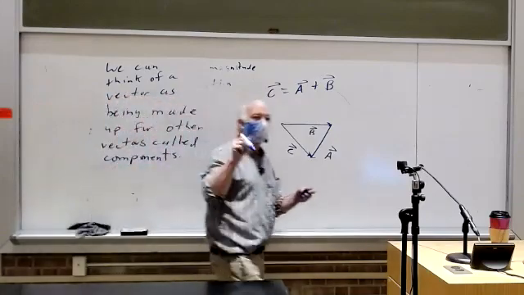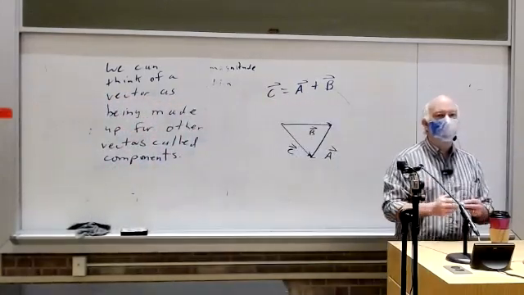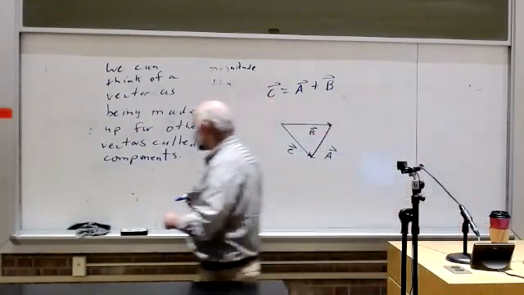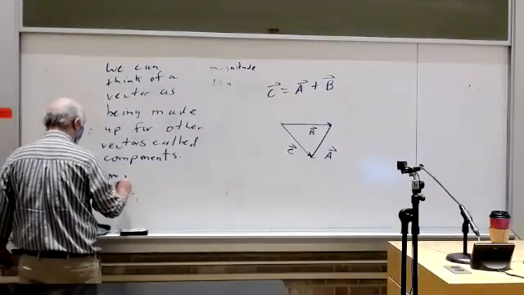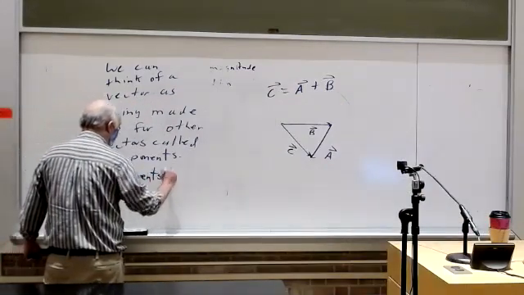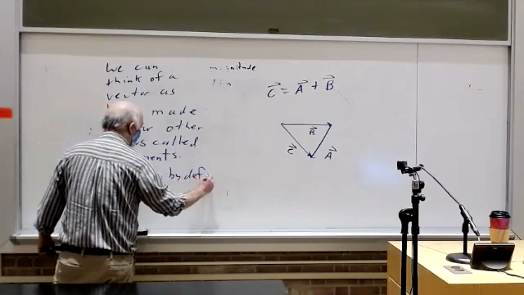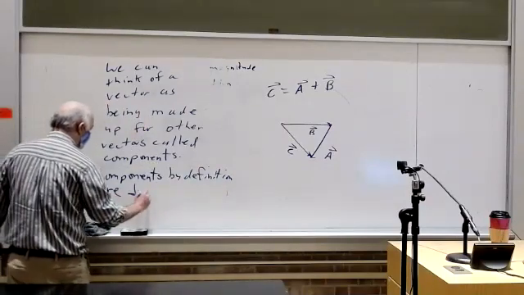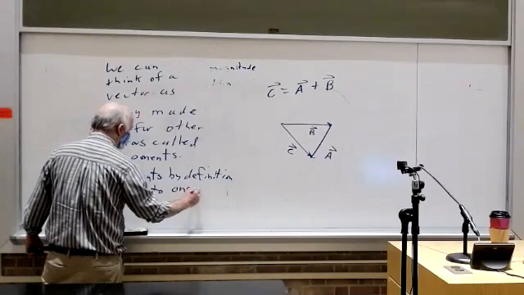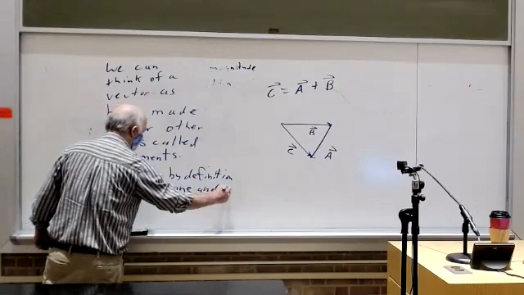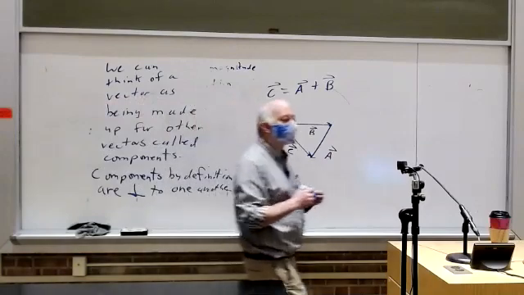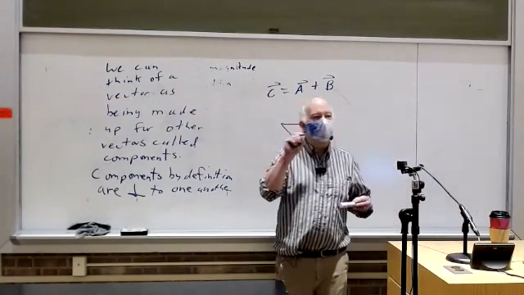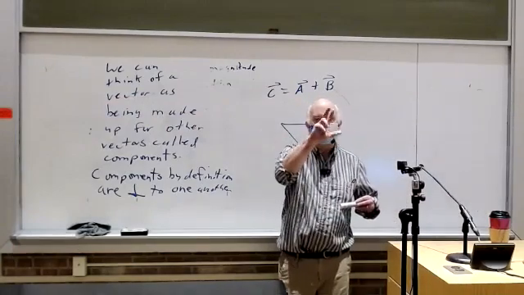And we had some rules on the components. What were the rules? Components, by definition, are perpendicular to one another. And then how do we take them? Along the x, y, and then z axis as well. I'm not going to put in the z axis until a little bit later today, but there could be a third component as well.